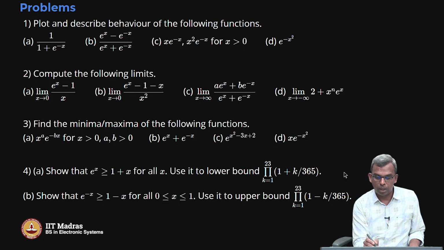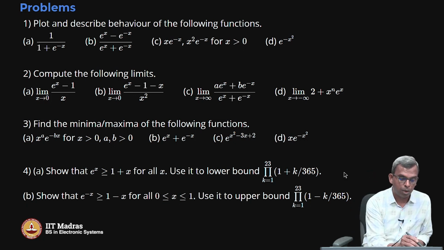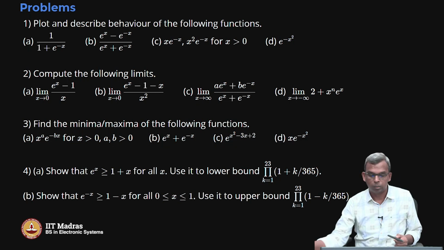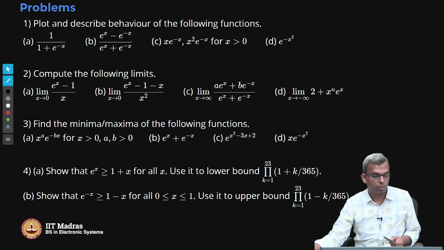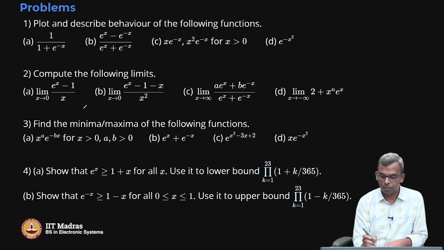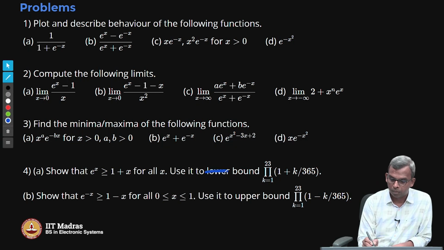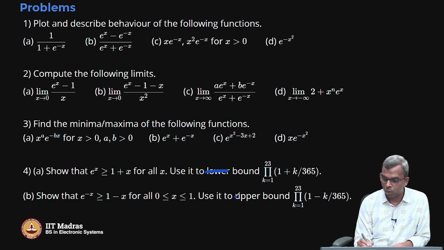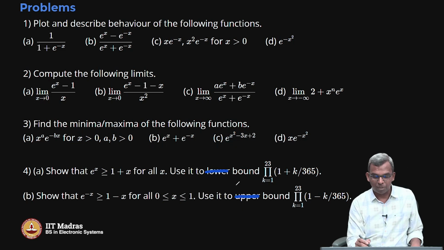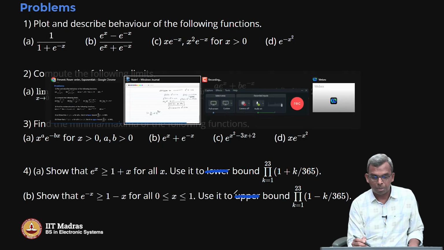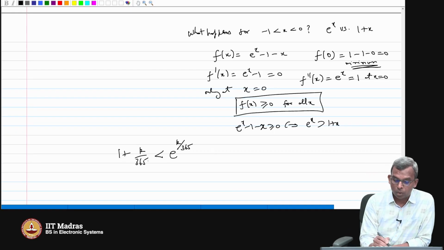Okay, so this lower bound I think is maybe not correct. Let me just say bound, whatever bound you get, let me not commit to lower bound or upper bound. Okay. So 1 plus k by 365 is less than and strictly less than e power k by 365.